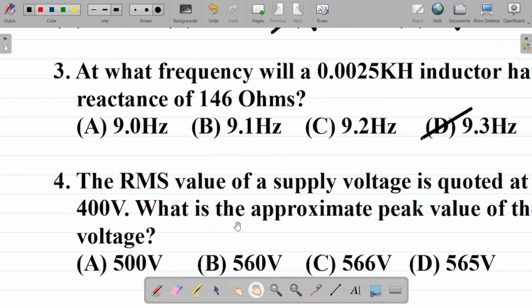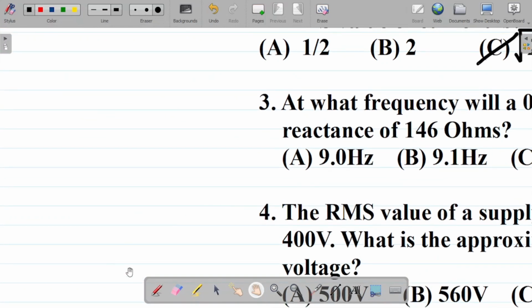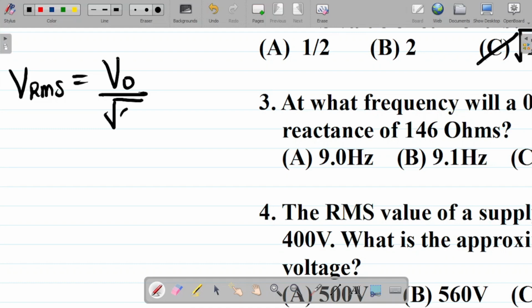This is a concept about RMS and peak again, as we did in question 2. Whether you're dealing with voltage or current, we know that V RMS is equal to the peak value, V naught, all over root 2.